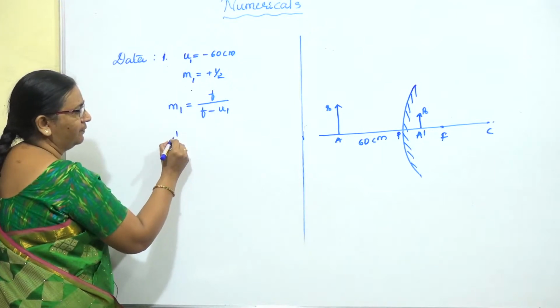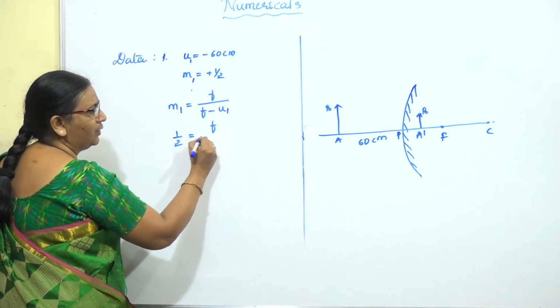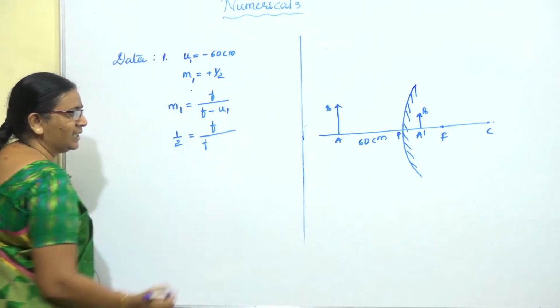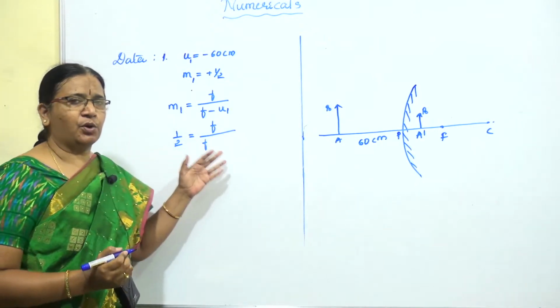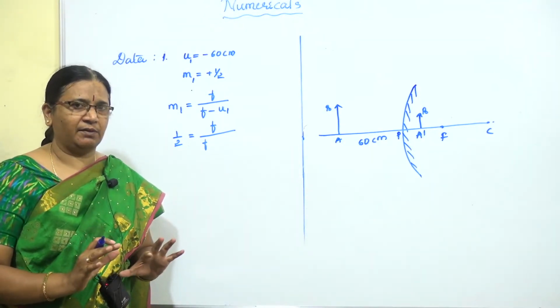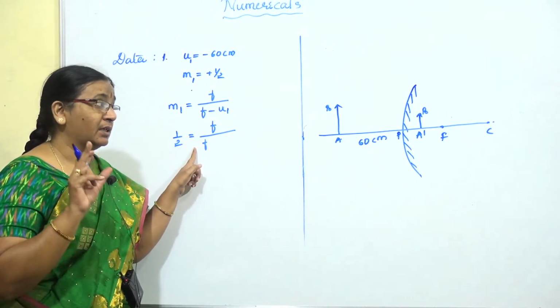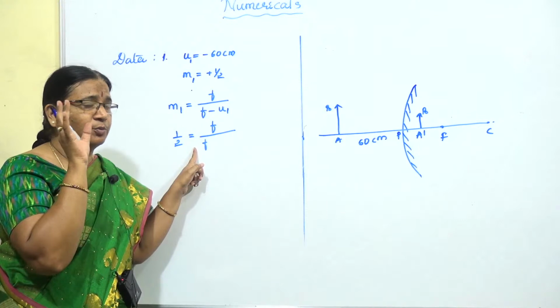No F1, F2, the mirror is same. This is half, plus half, virtual. F itself we are finding, so no question of applying sign convention. Hope at least after solving these around 4 numericals, you are comfortable with sign convention. Your mindset should be there.